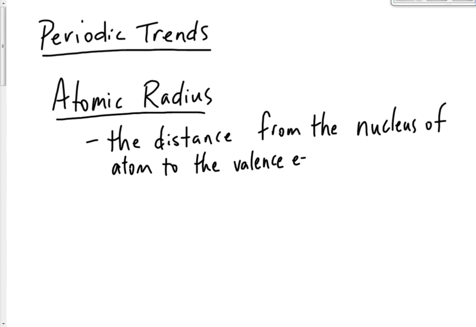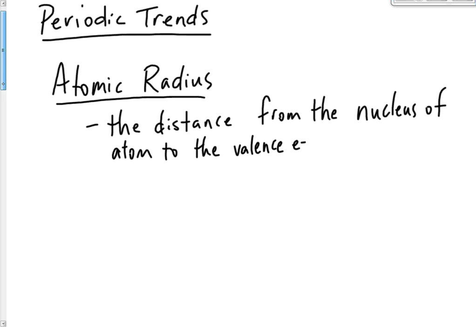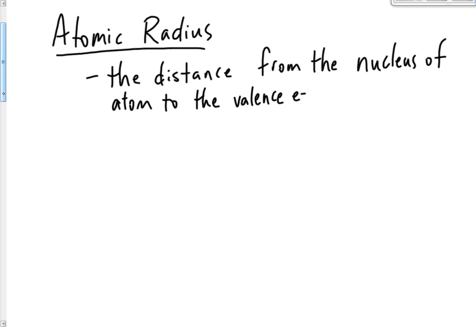And the trend, if you're looking at a periodic table, is that it decreases going left to right, and it increases going top to bottom.